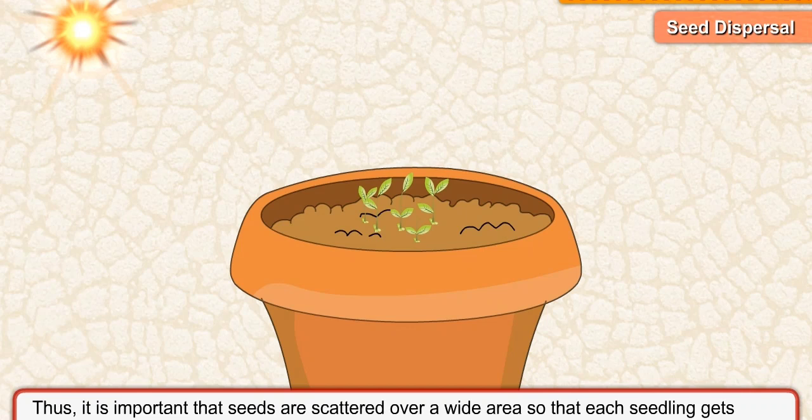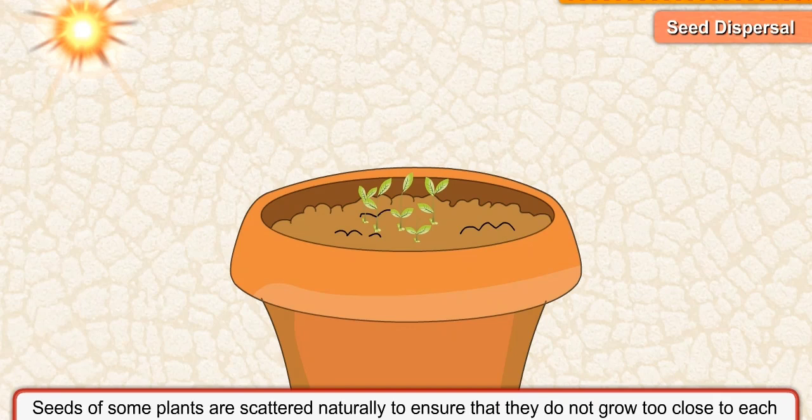Thus, it is important that seeds are scattered over a wide area so that each seedling gets enough sunlight, air, water, and space to grow. Seeds of some plants are scattered naturally to ensure that they do not grow too close to each other.